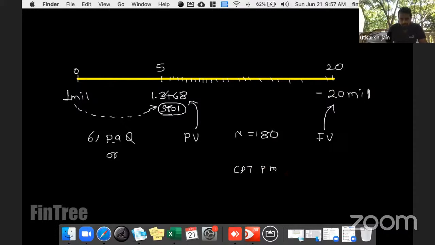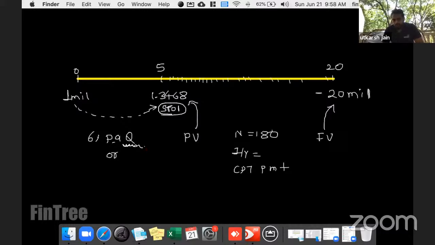There's just one trick here. The IY that we enter here has to be a per month IY, correct? The rate has to be per month. Now, how can we get a per month IY? The problem is that the rate they've given us is a quarterly rate.